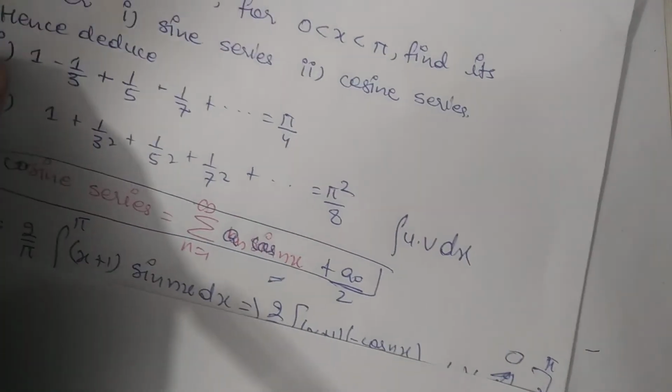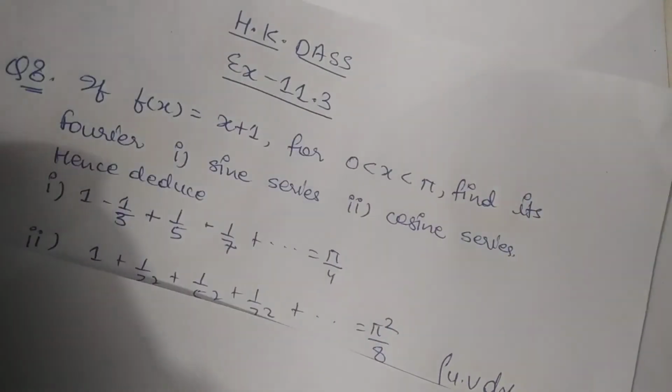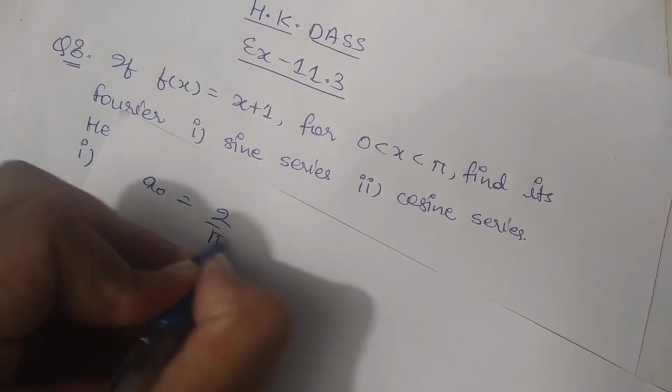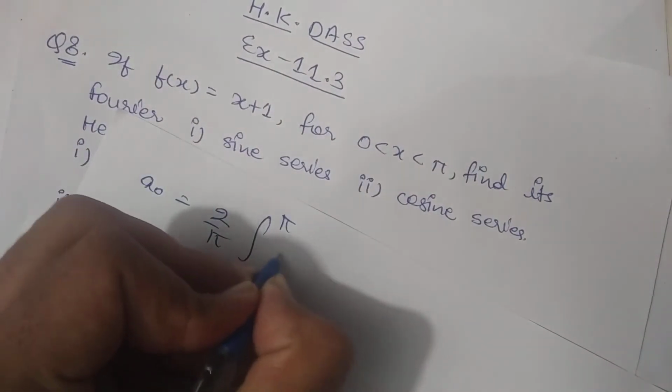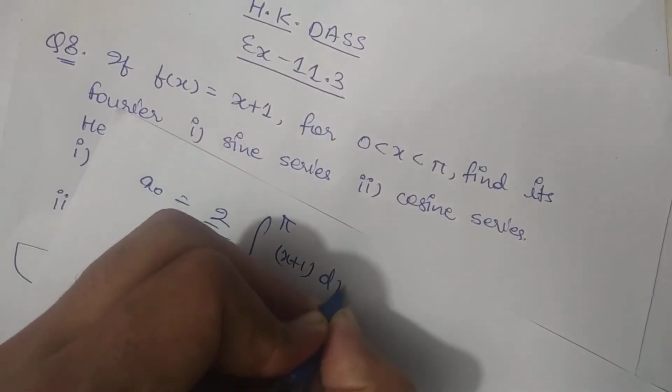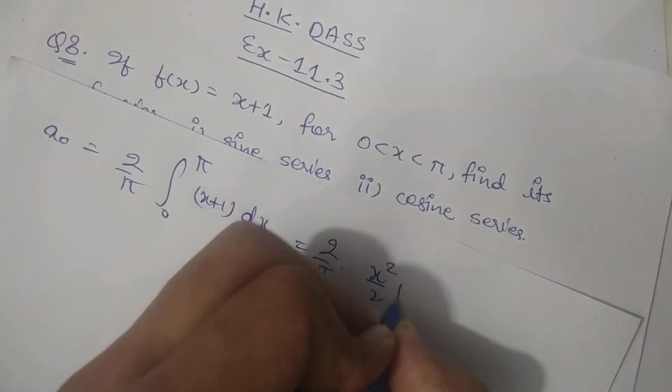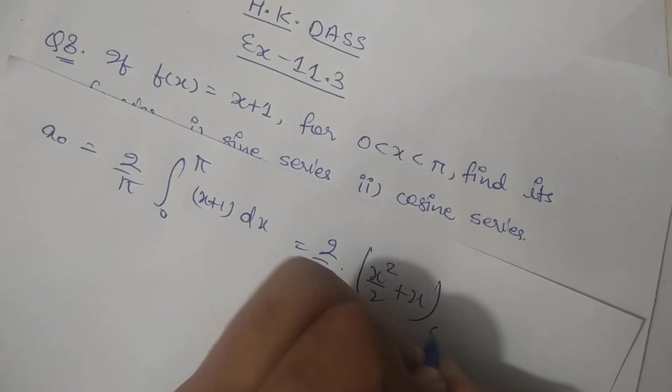I am just putting it over there, and first of all I will find the value of a naught. a naught will be 2 by pi, integration from 0 to pi of the function x plus 1 dx. So its value will turn into 2 by pi times x square by 2 plus x, putting the values from 0 to pi.